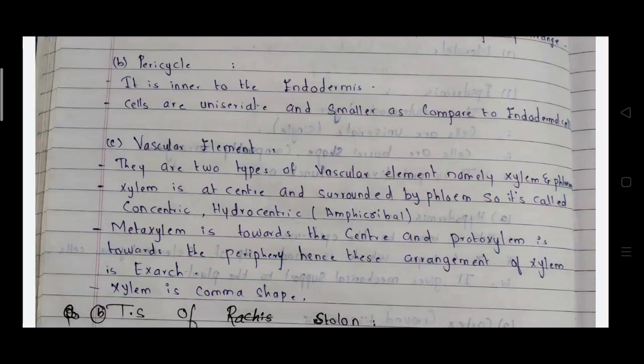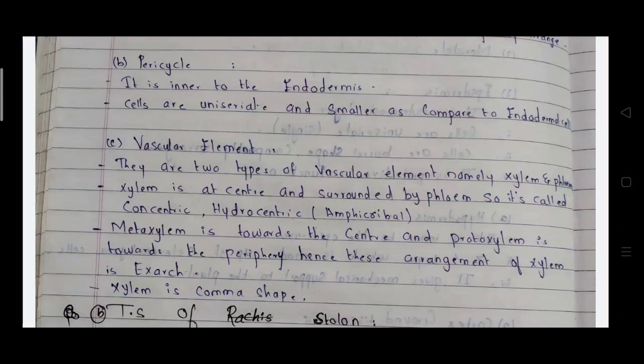Then the vascular elements. In the vascular element the xylem and phloem are present. The xylem is present at the center and is surrounded by the phloem. That condition is called concentric or hadrocentric or amphicribal. In the xylem, the metaxylem is present towards the center and the protoxylem towards the periphery.